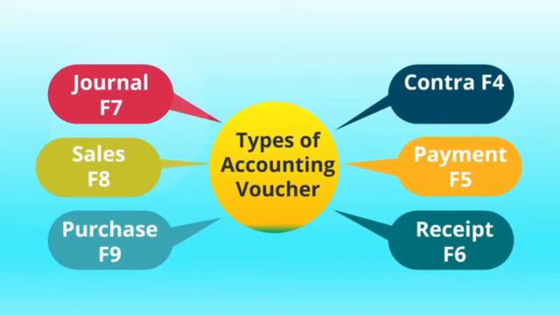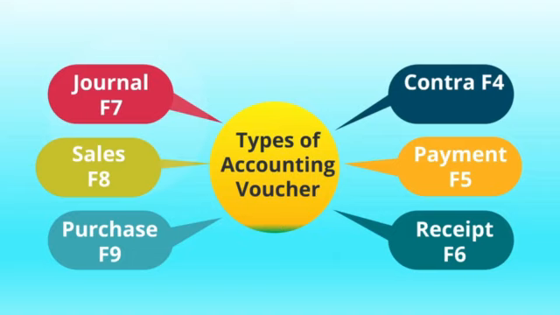Every voucher has a function key to open it. Here you can see F4 key is used for contra voucher, F5 key is for payment, F6 for receipt, F7 for journal, F8 for sales and F9 for purchase voucher. Posting of the entry into the appropriate voucher type is the soul of a computerized accounting system.